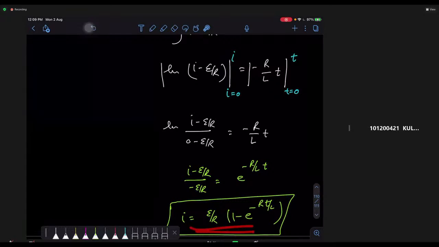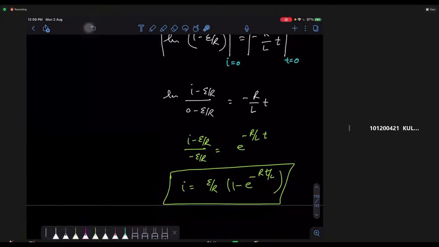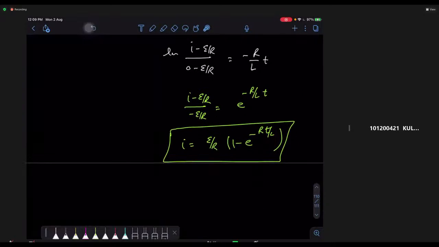Exponentially, it is going to change. Many times I told you, nature likes exponential functions. Everything that happens in nature follows exponential variations. So the current in the inductor is also going to rise exponentially. If we understand these equations, we can understand the general behavior of inductors.